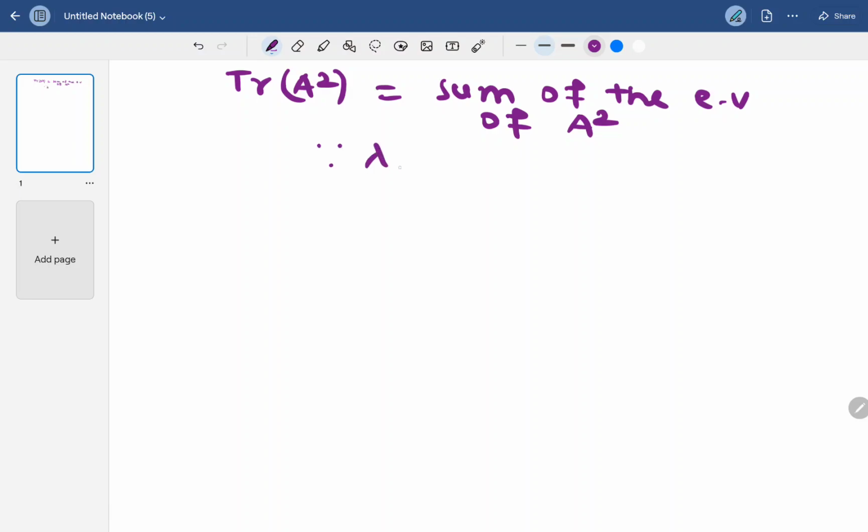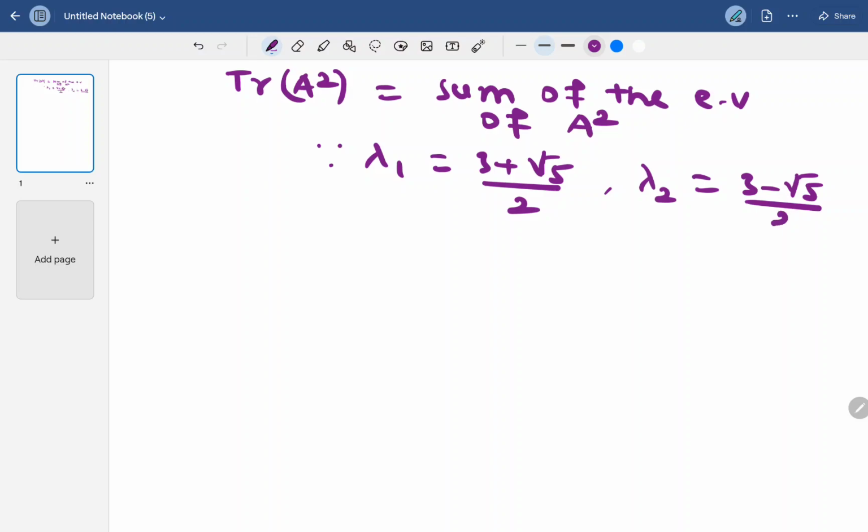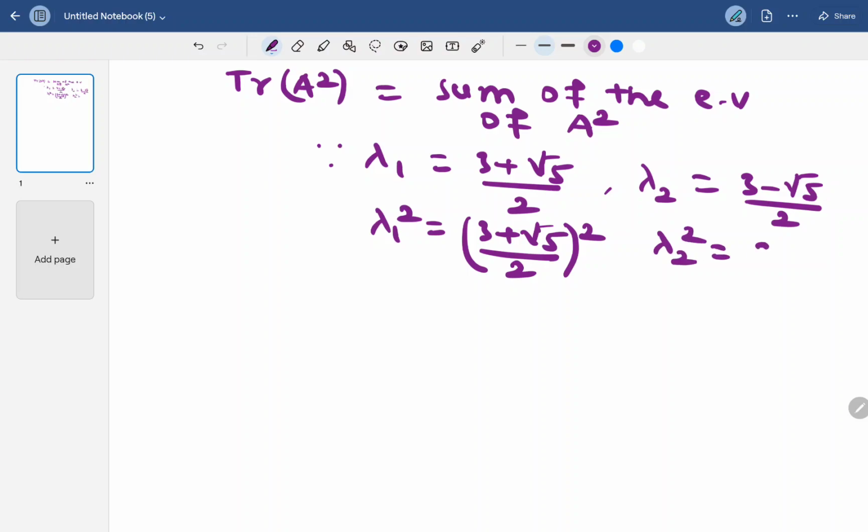Since lambda 1 is (3 plus root 5) by 2, lambda 2 is nothing but (3 minus root 5) by 2. What is lambda 1 square? (3 plus root 5) by 2 the whole square. Lambda 2 square, (3 minus root 5) by 2 the whole square.